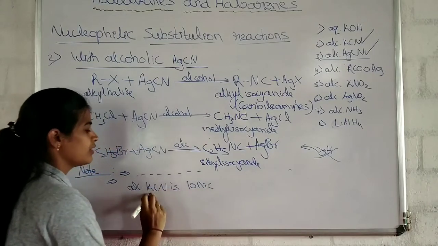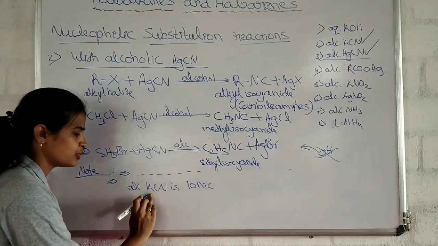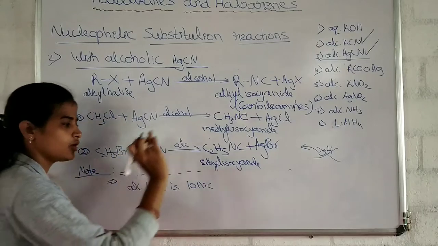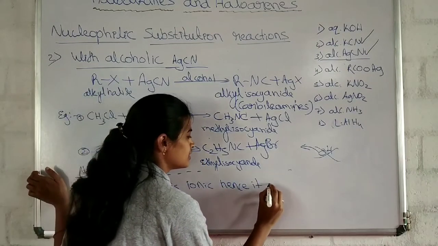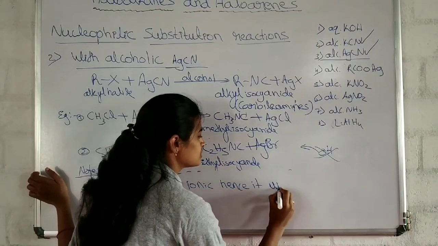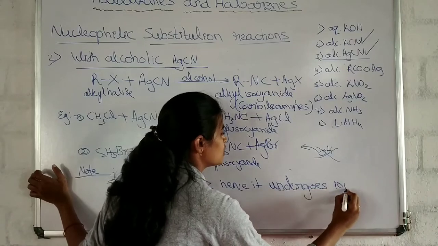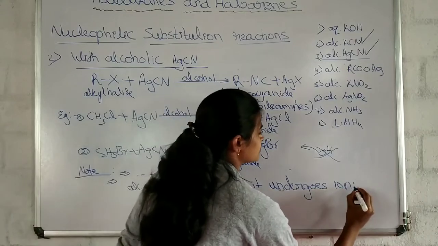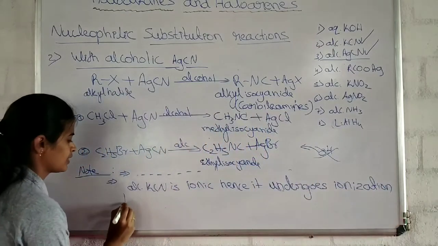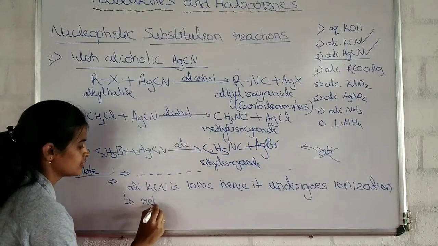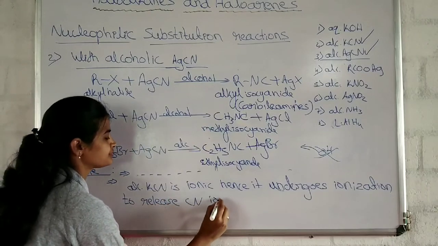It is an ionic salt. It's an ionic bond between the potassium and CN. Ionic bond is there. Hence it easily undergoes ionization to release cyanide ion.